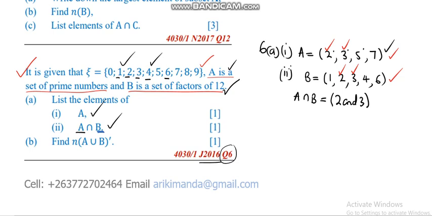Or alternatively, we can write that as {2, 3}.